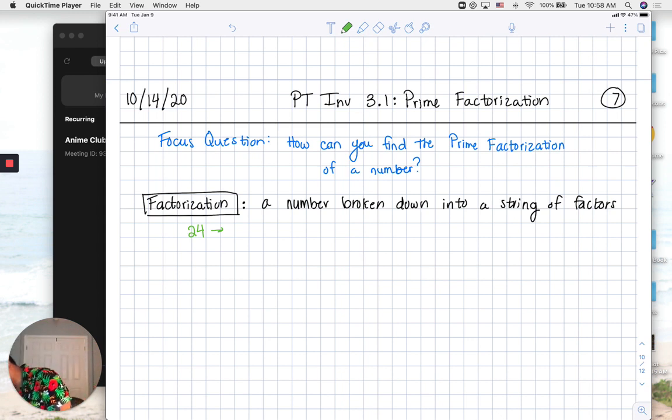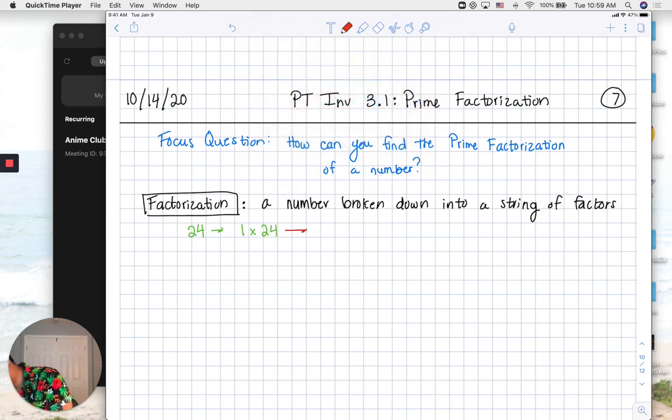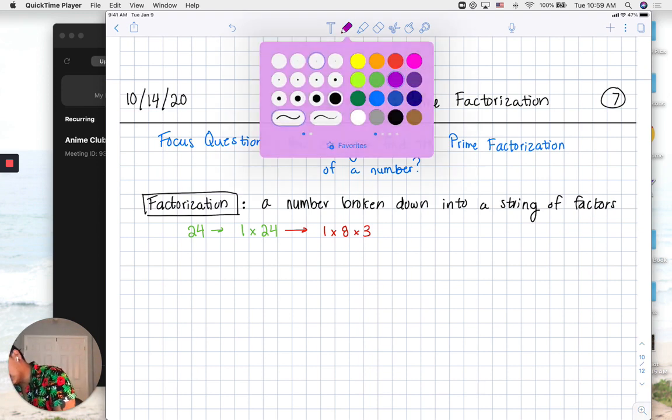So for example, I can rewrite it as 1 times 24. This is what I call a factorization. But you'll also notice that I could write this in other ways. I could say 1 times 8 times 3. So now I have 3 factors here. But does it still equal 24? Yes, it does.